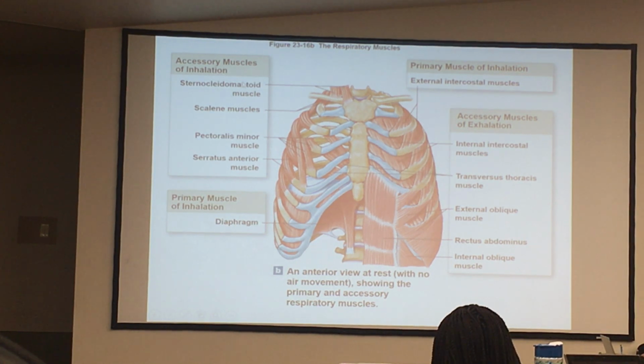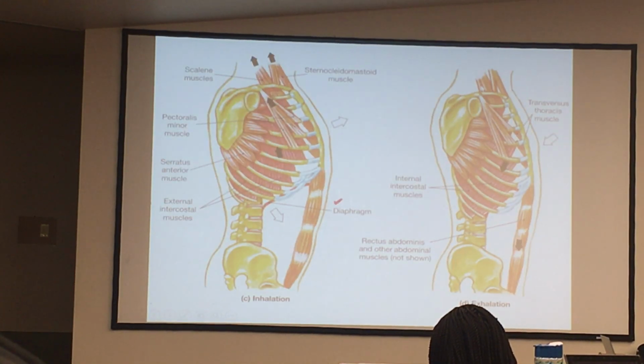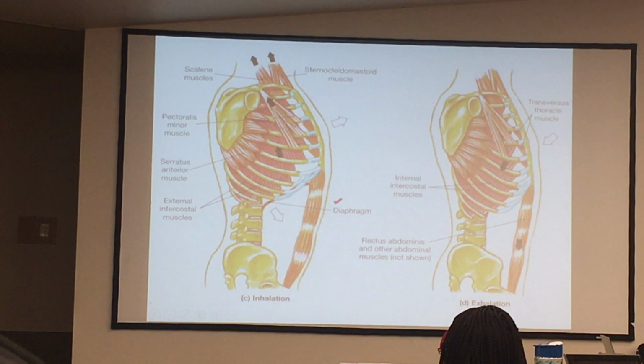Accessory means the force during inhalation or exhalation. But I will focus on the primary muscles in inhalation. You can see that when the air moves in, the diaphragm moves down, and the rib moves up, caused by the external intercostal muscle moving up, and exhalation is just relaxation.